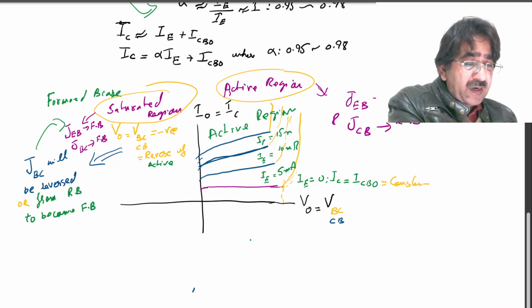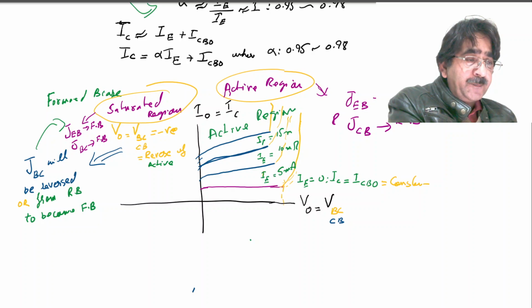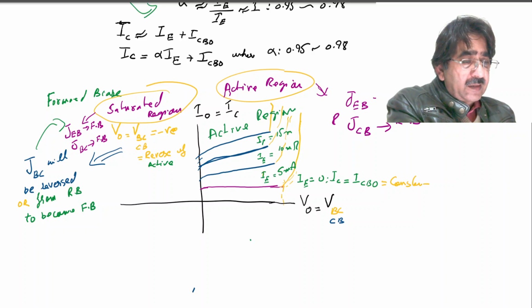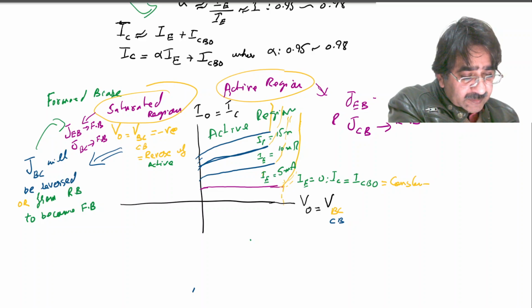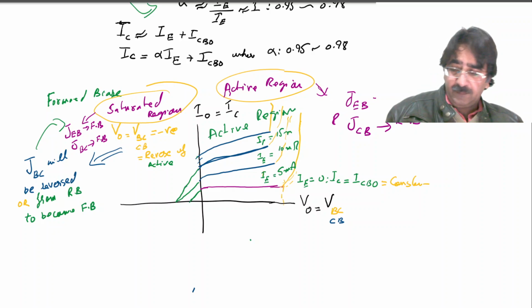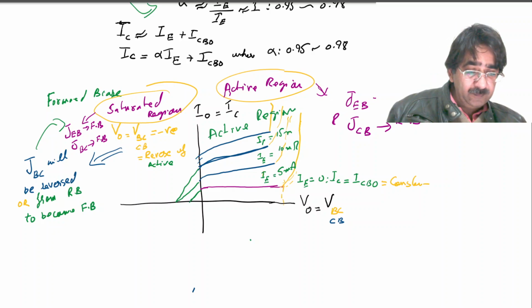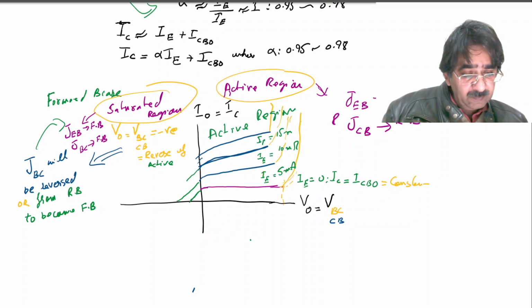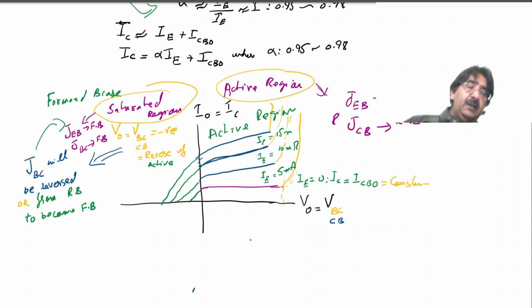And this means the output current will behave like this when forward biased.